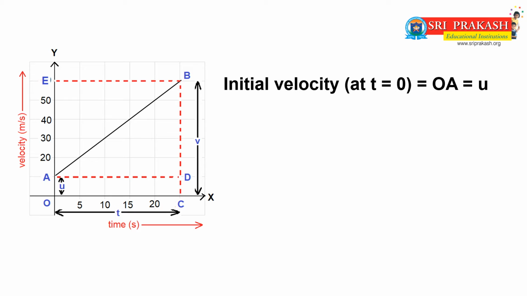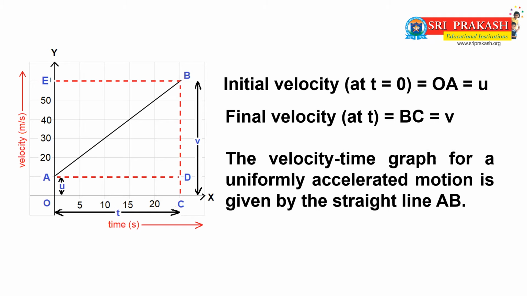Initial velocity at time t equal to 0 is represented by OA on y-axis. The final velocity v at time t is equal to BC. The velocity time graph for uniformly accelerated motion is given by the straight line AB.